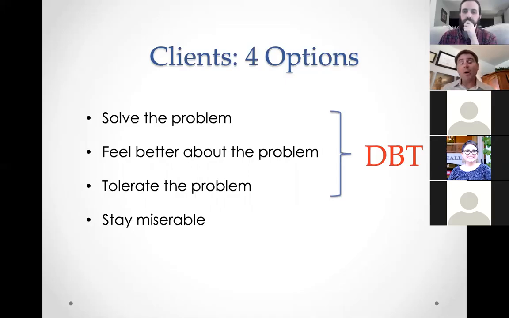But not all problems in life can be solved. So therefore, another option we have when working with our clients is to at least teach them the skills to feel better about that problem. However, it's also not possible to feel better about every single problem.